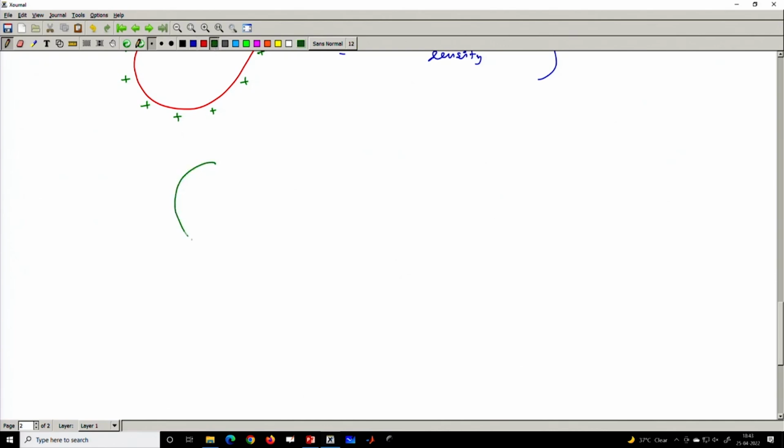Suppose I have two conducting spheres, one with radius R A and another with radius R B, where R A is greater than R B. So, these are two conductors, and this is R A and this is R B, where R B is less than R A. That is the condition. Now, I already drew a line here. So, let me just erase this part.